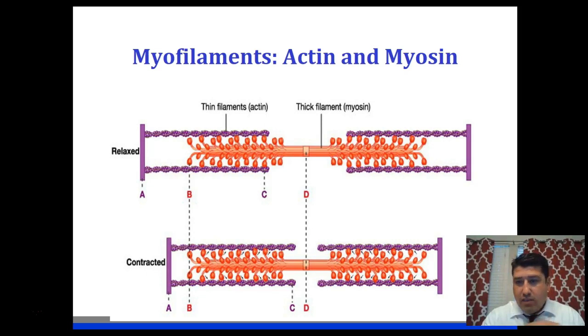Now, one of these sarcomeres doesn't do anything. It requires every single functional unit in the muscle, and like I said, every muscle has trillions and trillions of myofilaments. Each of those have to work together in order for the entire muscle to contract. So that's how the muscle works.